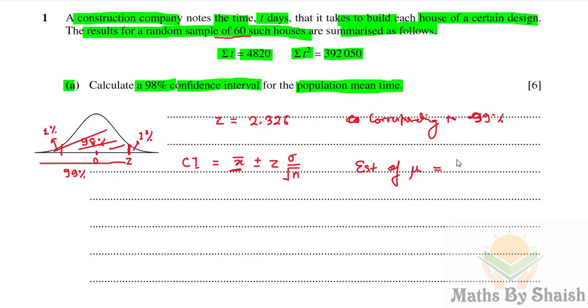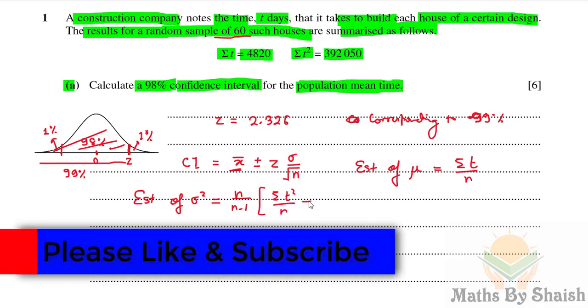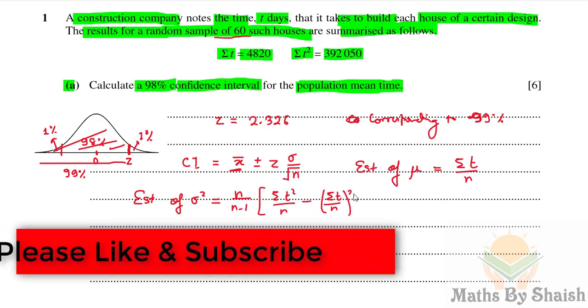It is given as sigma of T over n here, and since we have not been provided with sigma, we are going to calculate the estimate of sigma square, and we have the formula for it. It is n over n minus 1 times sigma of T square upon n minus sigma of T over n whole square.